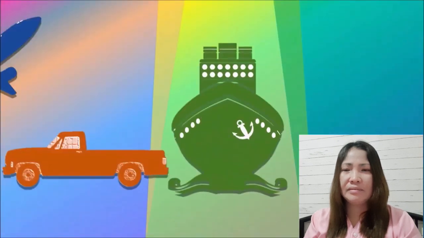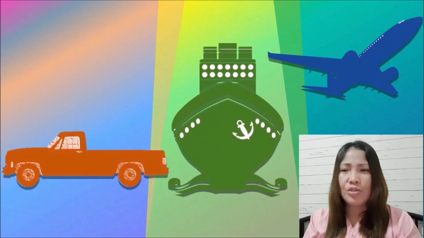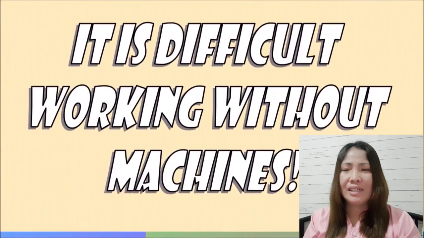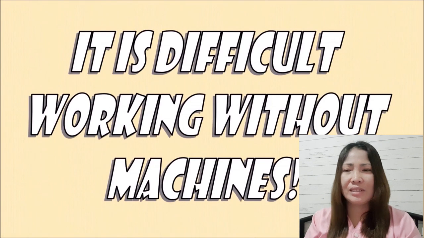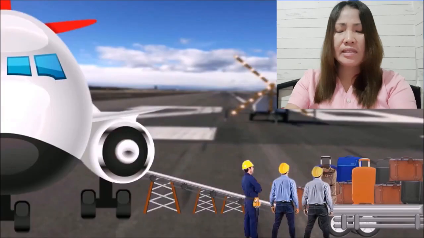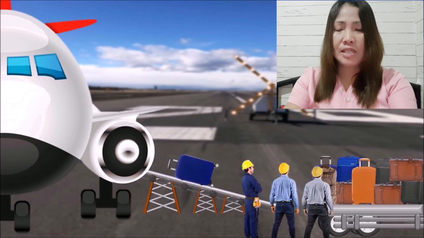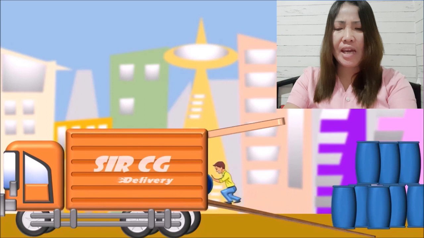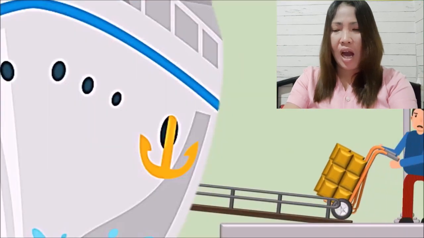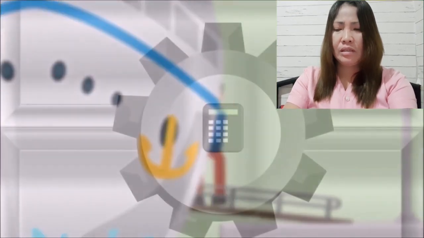Cars, ships, and airplanes are machines used to transport people to their destinations. Truly, it is so difficult working without machines. Machines that are run by electricity or operated by man are used to make the work easier and faster.